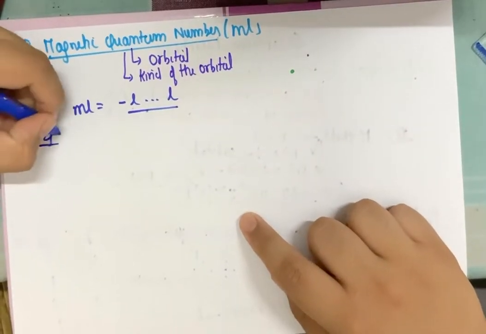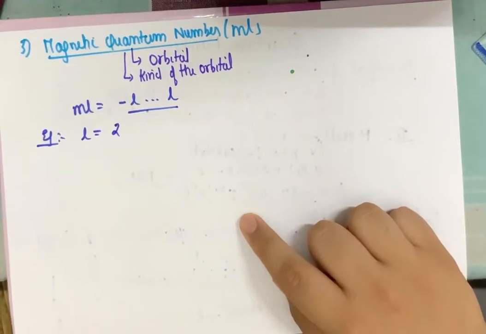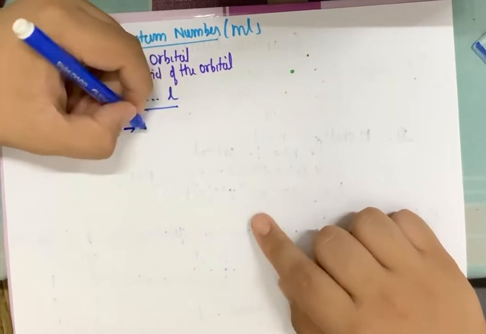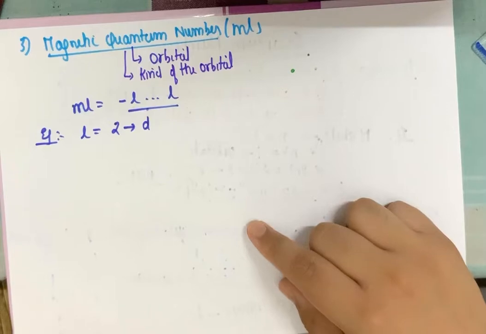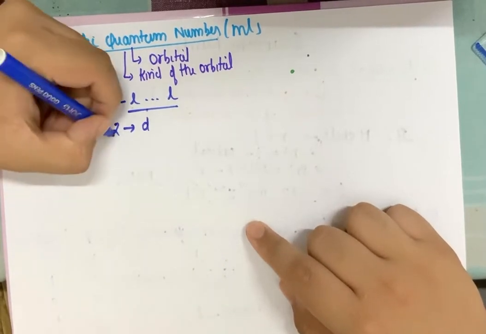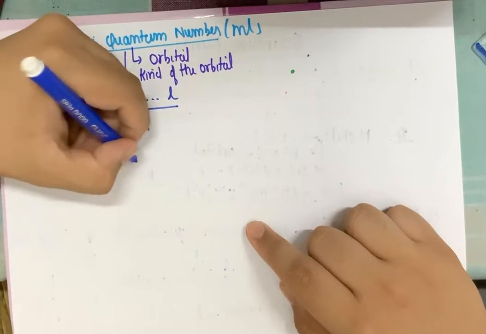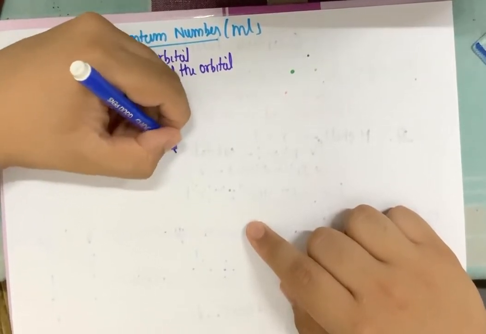So for example, I have n equal to 2. Which subshell am I talking about? For 2, the D subshell, as we just did, is what I am talking about. So if I have the D subshell, what are the possible ml values? Minus L to L, that means minus 2, minus 1, 0, 1 and 2.